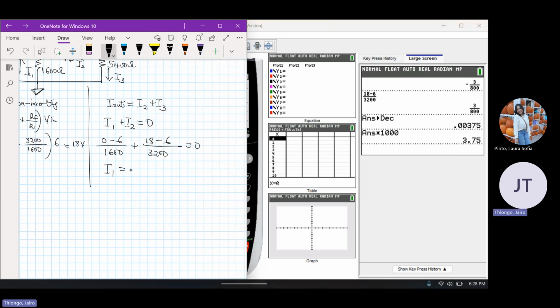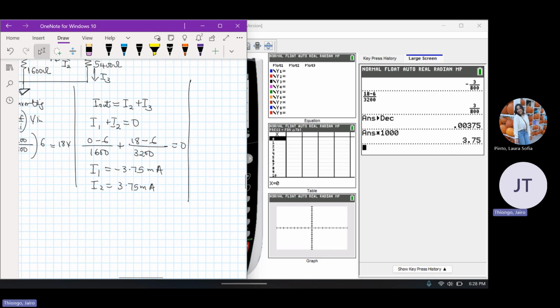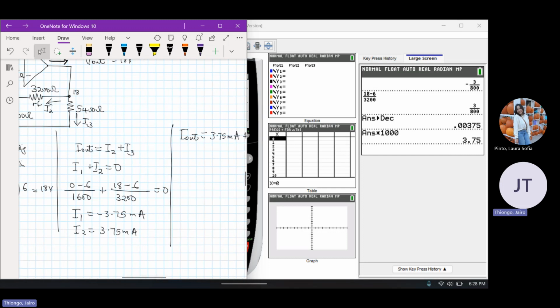So I1 will be minus 3.75 milliamps. I2 will be 3.75 milliamps. Excuse me. So for our I out, same case, plug in the known 3.75 milliamps plus I3. So we just need to look for I3 at this moment.